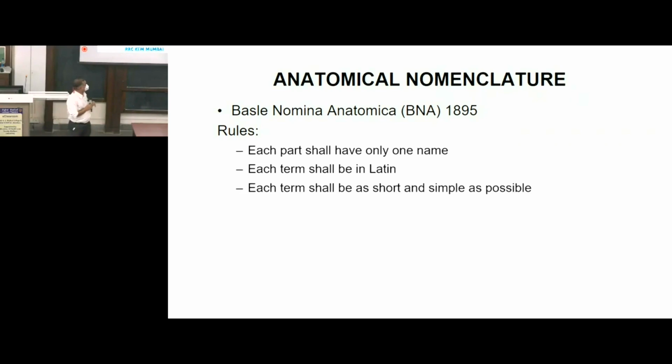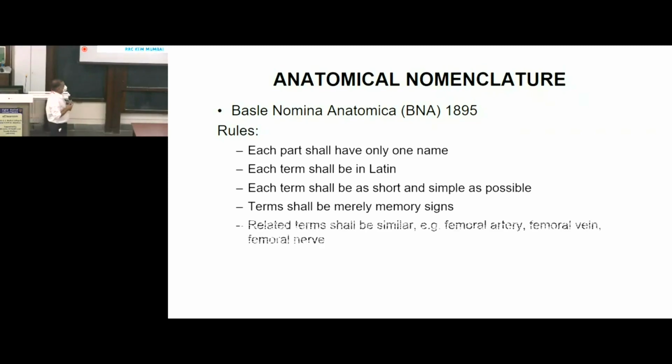Each term shall be as short and simple as possible. Terms shall be merely memory signs, so we can recall them easily. Related terms shall be similar.